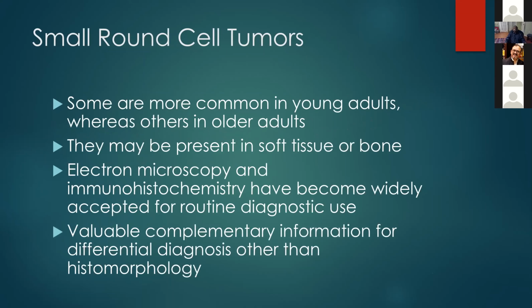So mostly, just as a rule of thumb, small round blue cell tumors are more common in young people, unfortunately, whereas some are seen in older adults, such as lymphomas. Lymphomas are rarely seen in young people, whereas rhabdomyosarcoma and several other sarcomas, retinoblastoma, neuroblastoma, anything that ends with a blast is seen more commonly in a child.